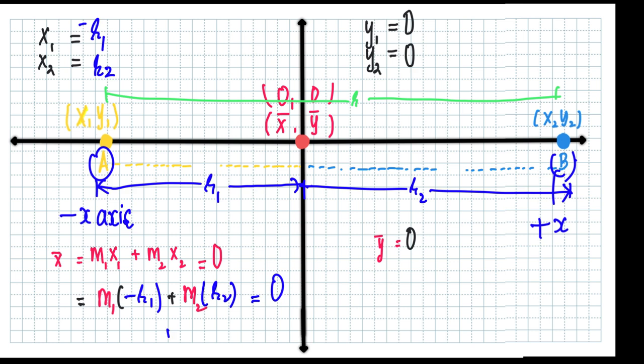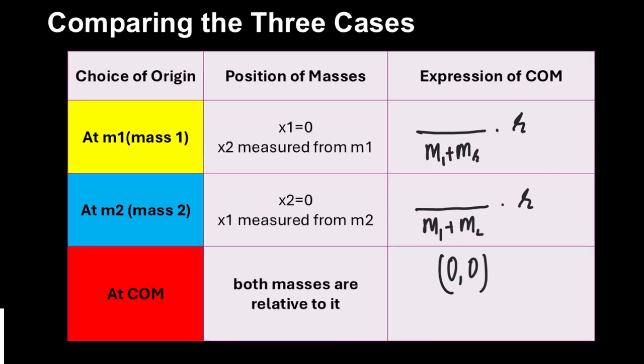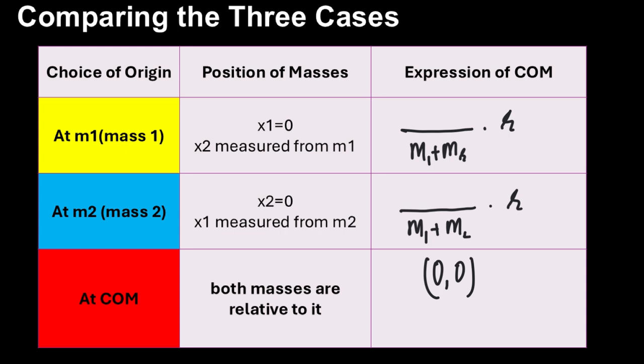And therefore what we get is m1 r1 is equal to m2 r2. Okay, so that's how we get these three cases. When m1 is at the origin, the expression of center of mass is m2 divided by m1 plus m2 into r.